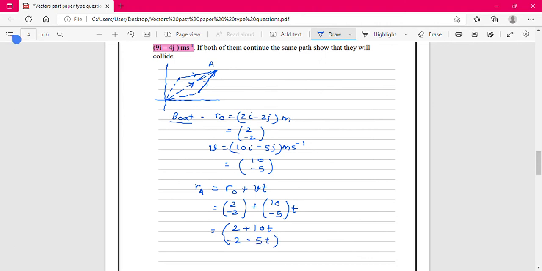Now let us consider the motion of the yacht.